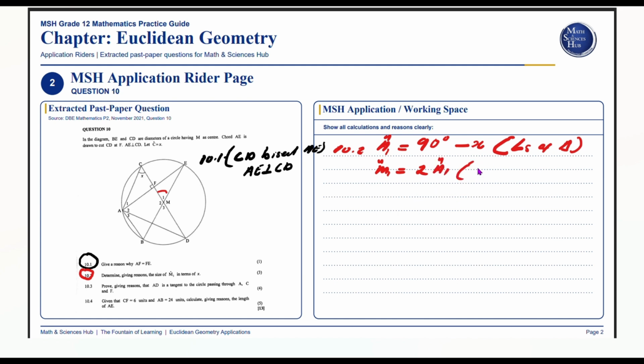Reason: angle at center equals twice angle at circumference. Therefore, angle M1 equals 180 degrees minus 2x. So just multiply everything by 2 from angle A1, because angle M1 is twice angle A1.